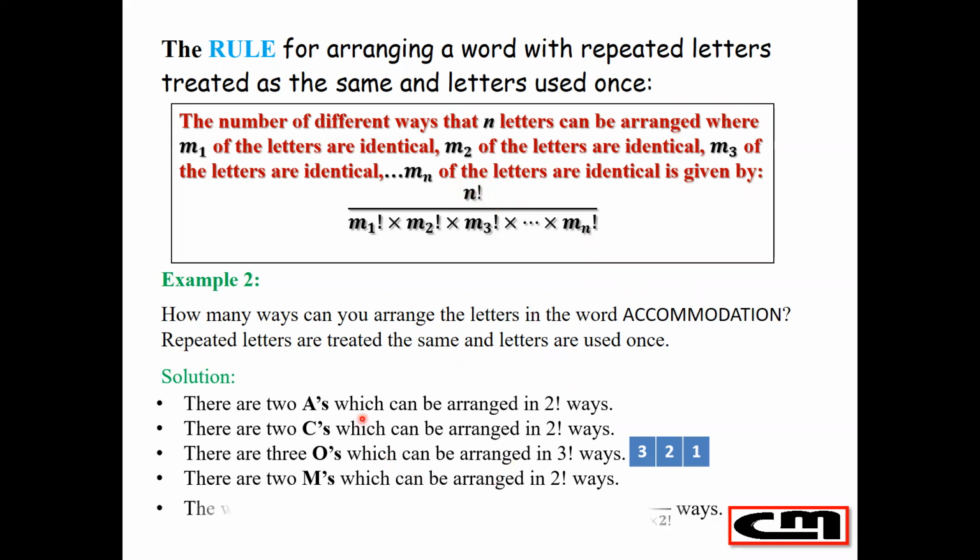So at the end, we are simply saying the word accommodation can be arranged in 13 factorial, 13 being the number of letters in the word accommodation, over the 2 A's represented by 2 factorial, the 2 C's by 2 factorial, the 3 O's by 3 factorial, the M's by 2 factorial.